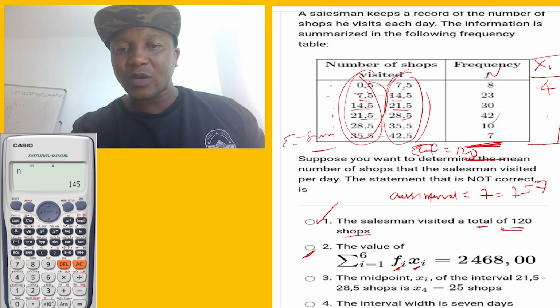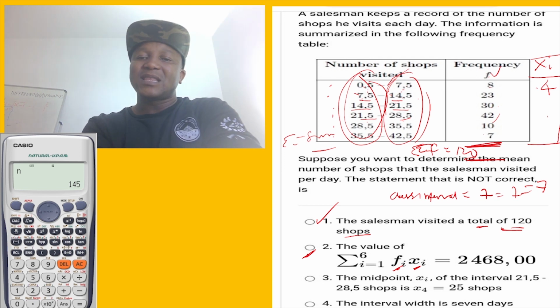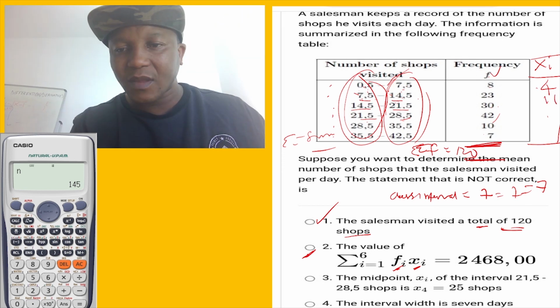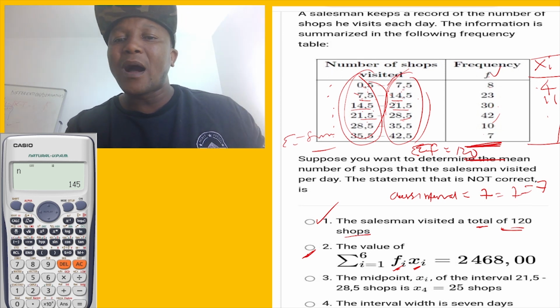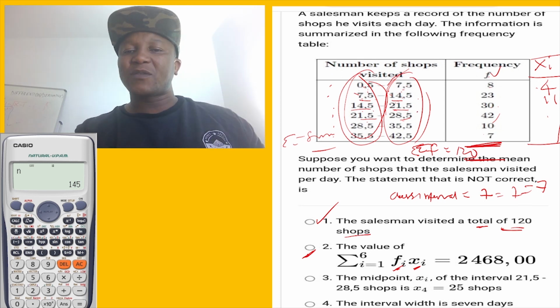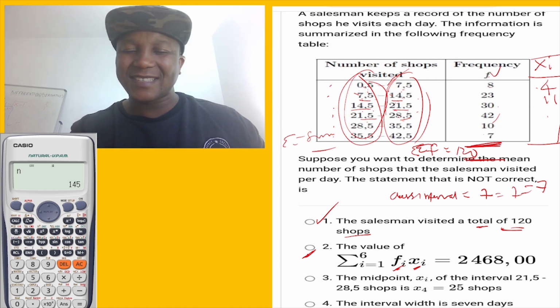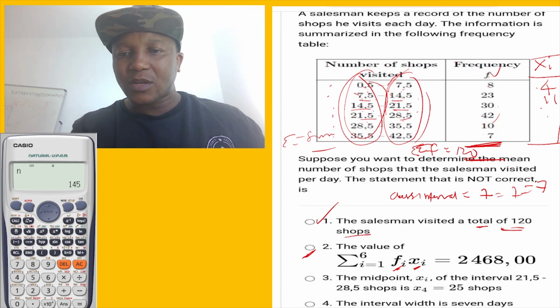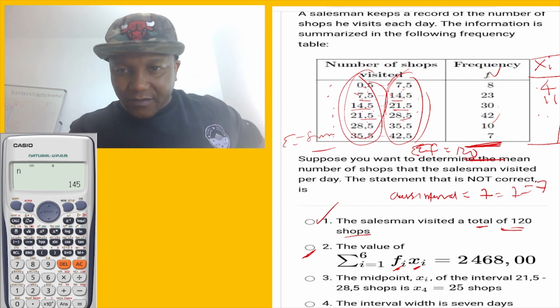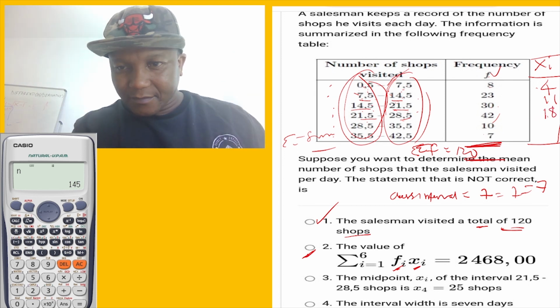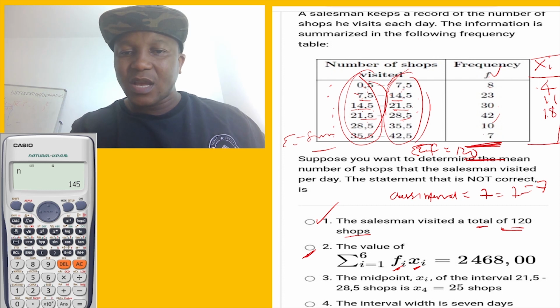Let's go to the next one. 7.5 plus 14.5 gives us 22. Divided by 2 equals 11. Now the next one. 14.5 plus 21.5 equals 36. 36 divided by 2 equals 18.